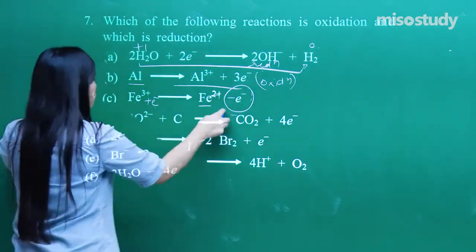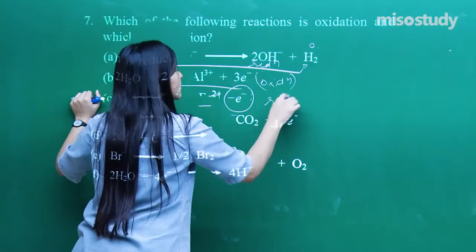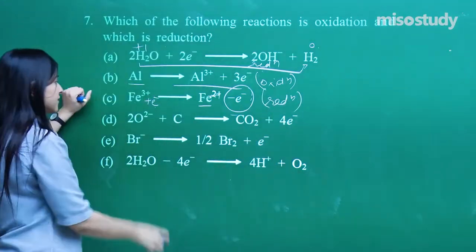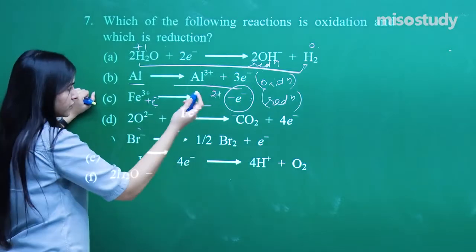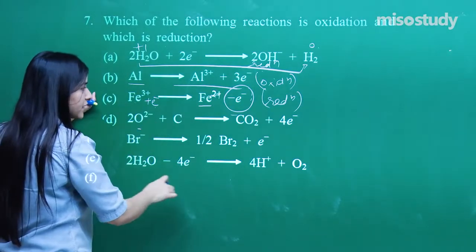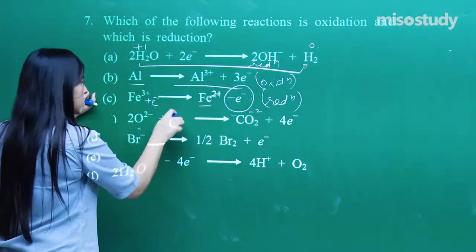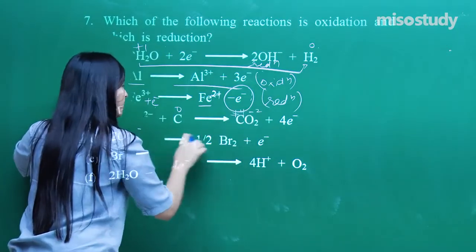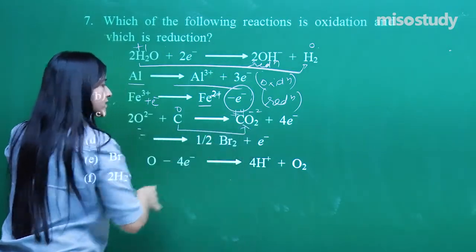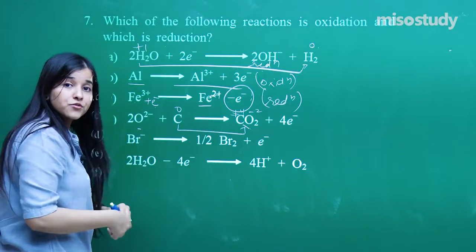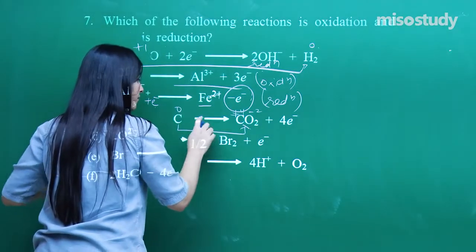So this is a reduction process. Clear? Oxygen, now O2 negative, carbon 0 to carbon +4, got it? It is the oxidation process which is happening.